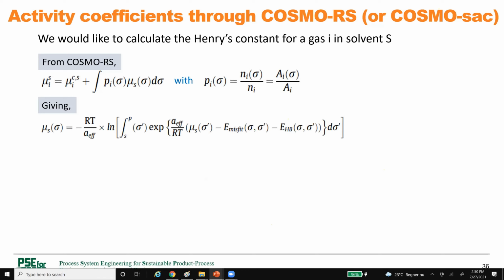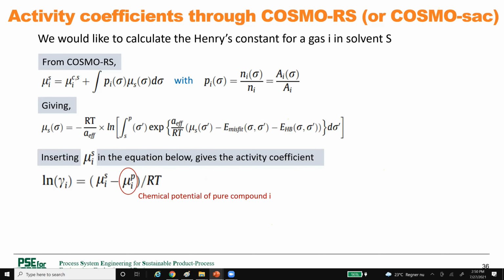And once we have the sigma profile, where the expression is given, this expression then inserted into the activity coefficient expression gives us the activity coefficient. And note that the mu IP is the chemical potential of gas I in the pure state.